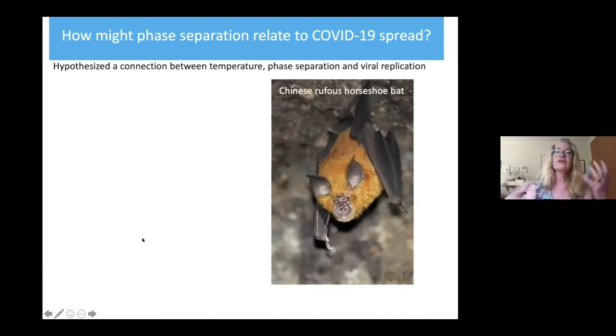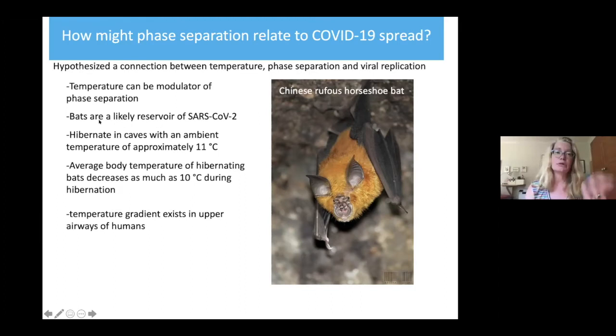And so phase separation, as I've mentioned, can be inherently a temperature dependent process, and we hypothesized that there may be a connection between temperature, phase separation, and viral replication. And so obviously temperature can be a modulator of phase separation, and it's appreciated that bats are at least one reservoir of SARS CoV-2.